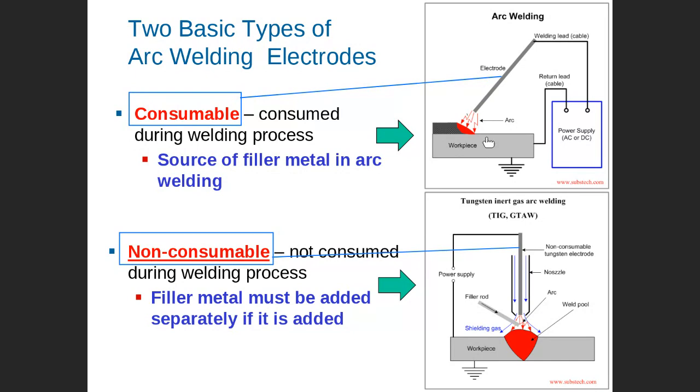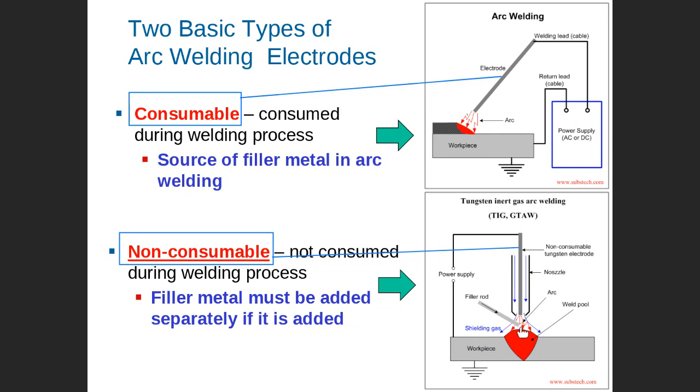This is the consumable electrode. In a non-consumable electrode, the electrode is not melted. Someone will ask me, not melted, what does that mean? The electrode here is made of tungsten. Why tungsten? Because tungsten is a very high melting temperature material, 3500 degrees Celsius plus.